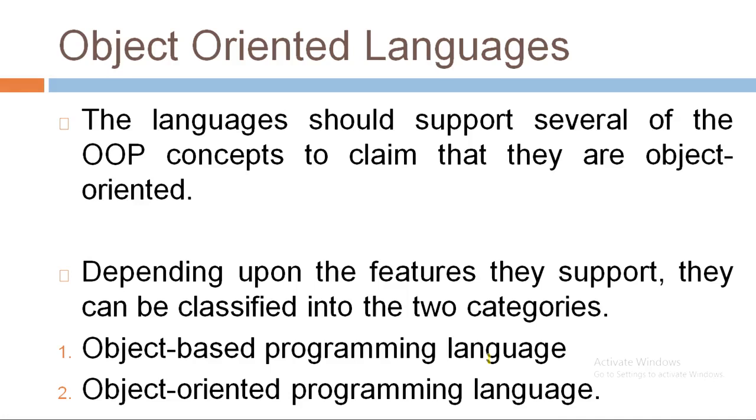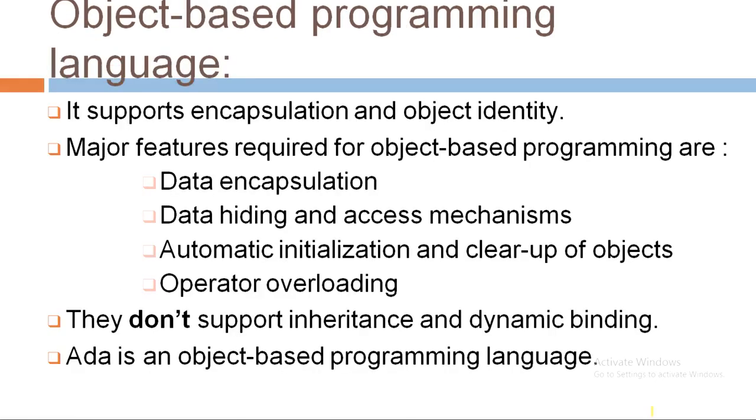Now let's see the object-oriented languages. There are many such languages, but there are two different concepts. The first is object-based programming and the second is object-oriented programming. Depending upon the features they support, these two categories exist. Let's see the first one. Object-based programming languages support encapsulation and object identity.